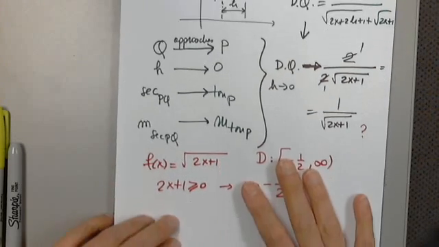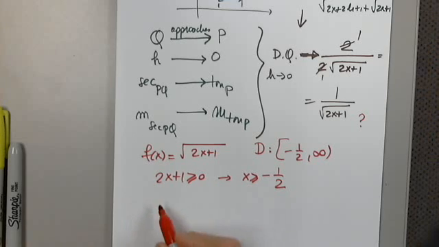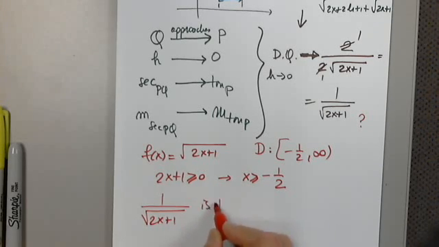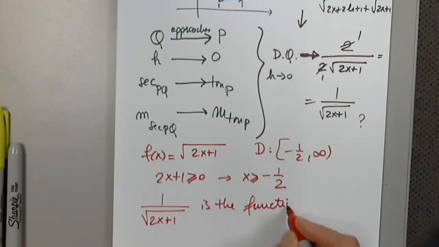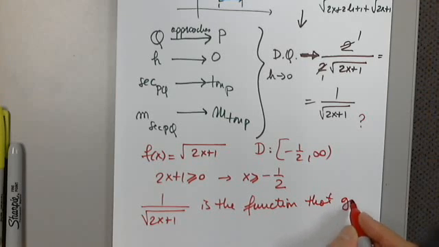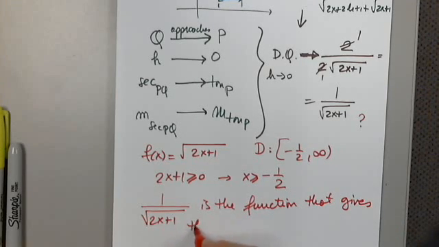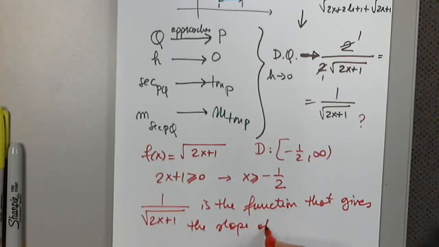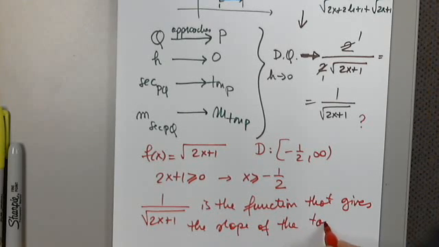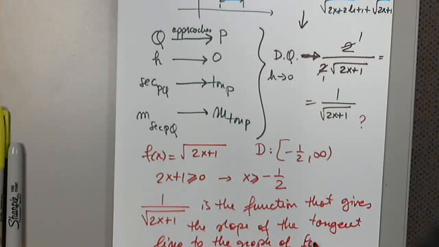Very good. So 1 over the square root of 2x plus 1 is the function that gives the slope of the tangent line to the graph of f of x, which is the square root of 2x plus 1.